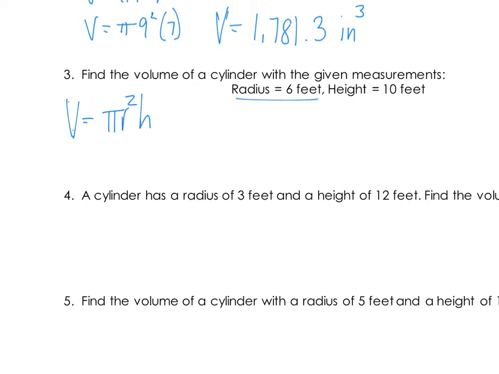All right, we've got the radius. So this is going to turn into pi times 6 squared times the height, which is 10. So here we go. Pi times 6 squared, that's 36, times 10.